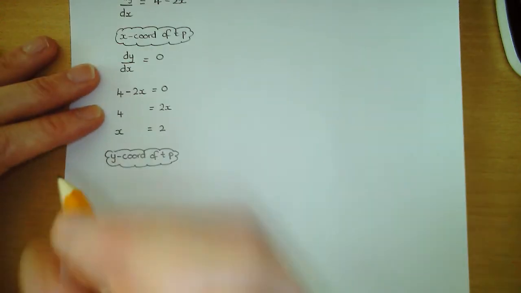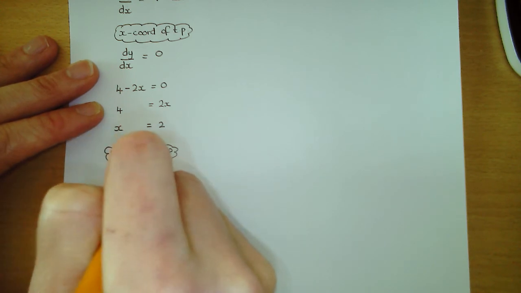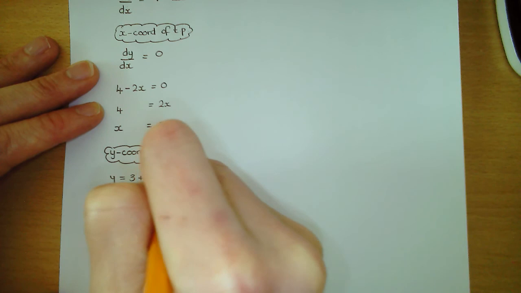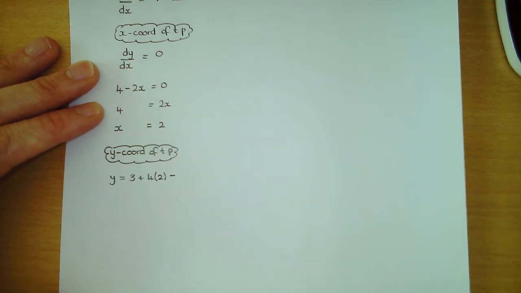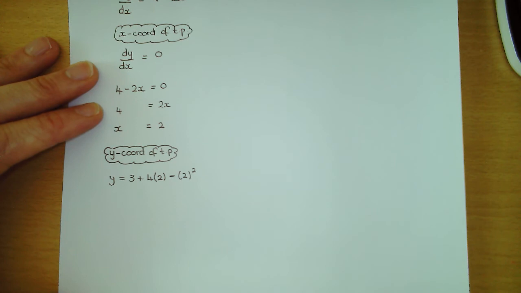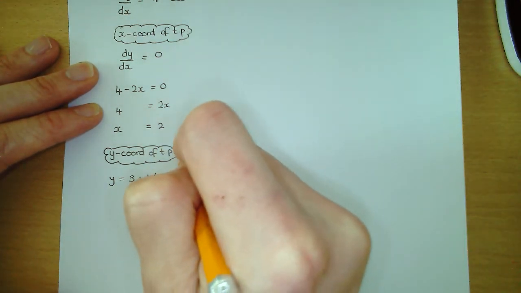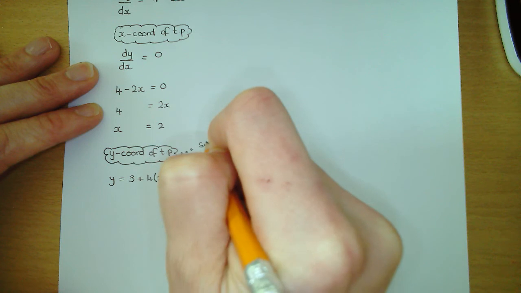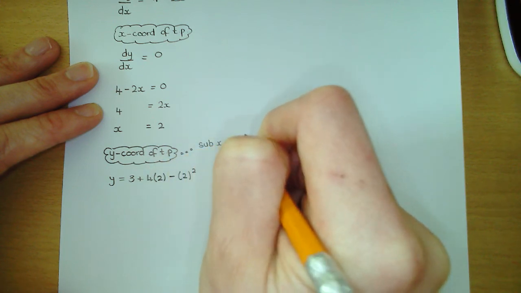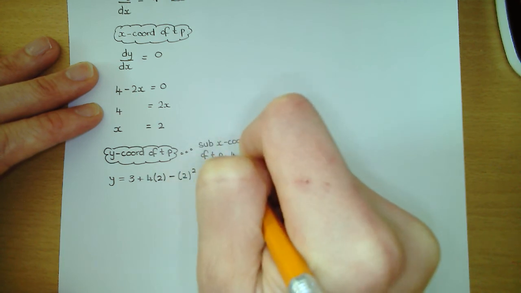So we're going to get y equals 3 plus 4, and then replace x with 2 in brackets, and then subtract, and then 2 all squared. Put 2 in brackets and we're squaring it. So to get the y coordinate of the turning point, we sub the x coordinate of the turning point into the curve.